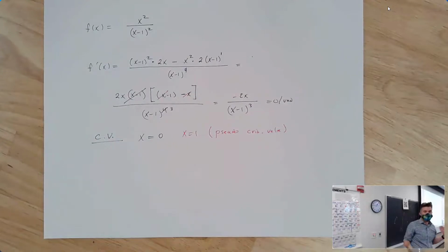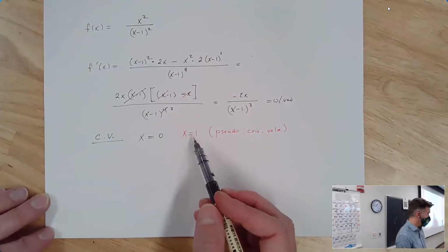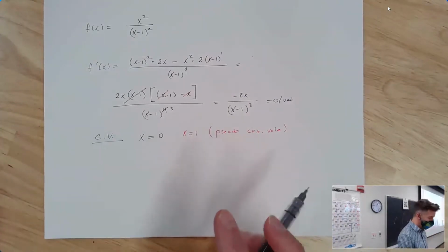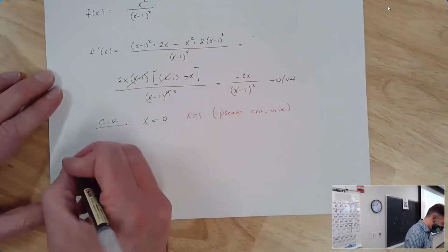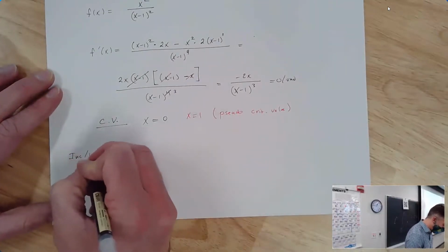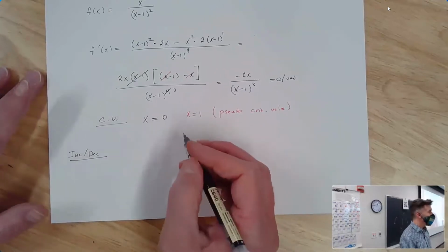So here's what I want to say about this. X equals 1 is not a critical value, not a critical point, whatever you want to call it. But it's still important. Because if I asked you the question, where is this thing increasing or decreasing, you still want to know about that. Let me show you the wrong answer.